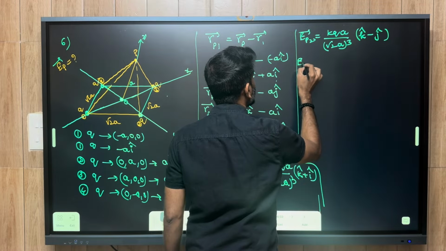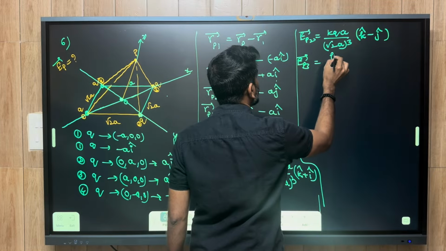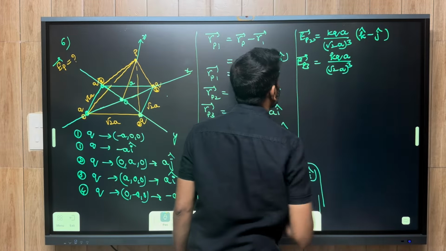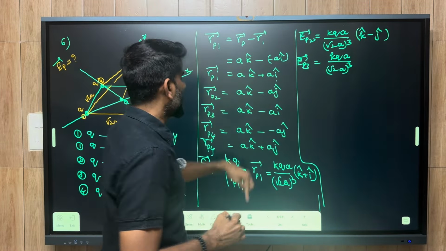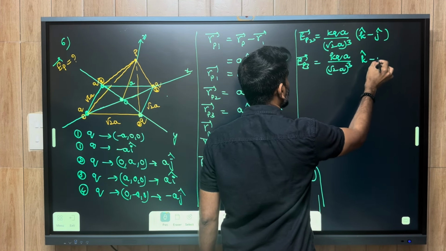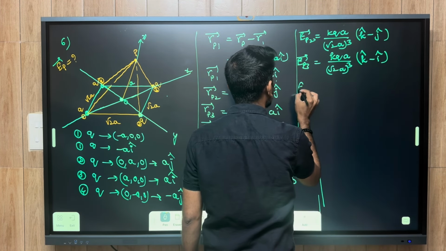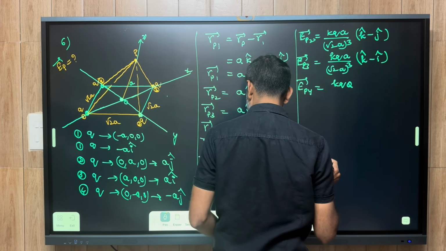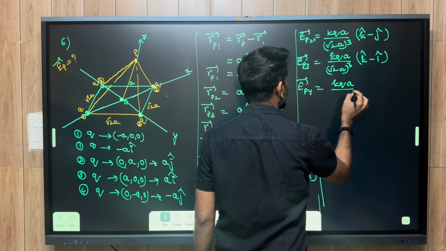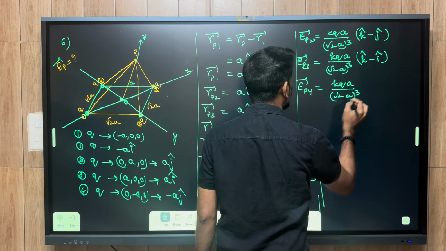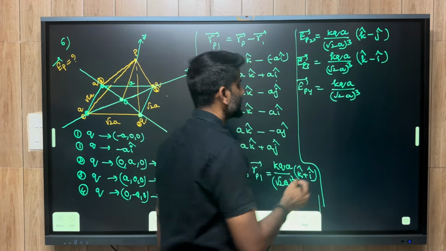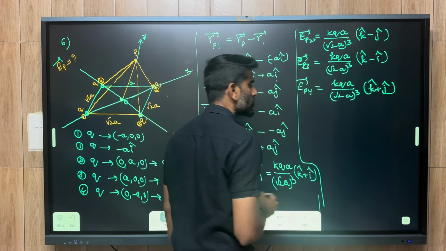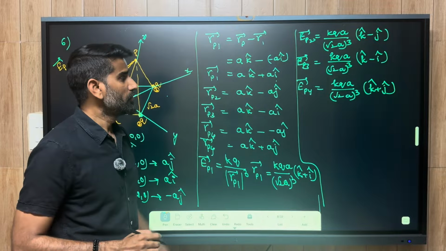Similarly, ep3 is equal to kqa by root 2a whole cube into k unit vector minus i unit vector. Similarly, ep4 is equal to kqa by root 2a whole cube into the unit vector notation k plus j.